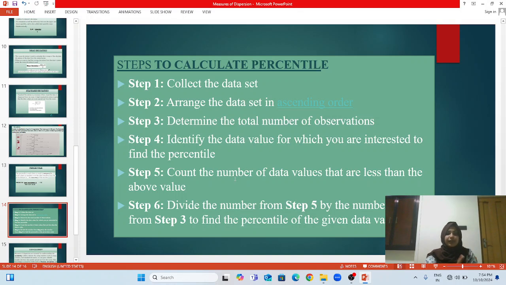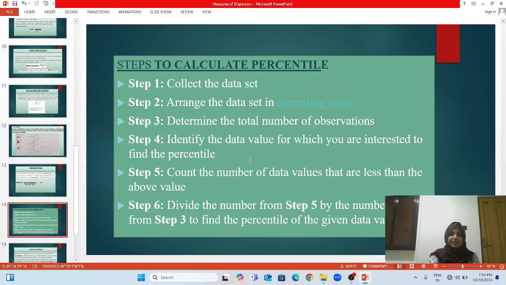So the count of data values is 3, and we divide the number from step 5 by the number from step 3. That means the count of data values before the value 70 we have set, which we imagine is 3 numbers, that is the left side of 70. So 3 is divided by the number from step 3. We already calculated the total number of observations, that is 10.